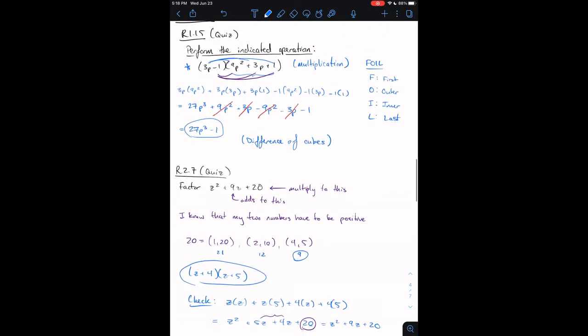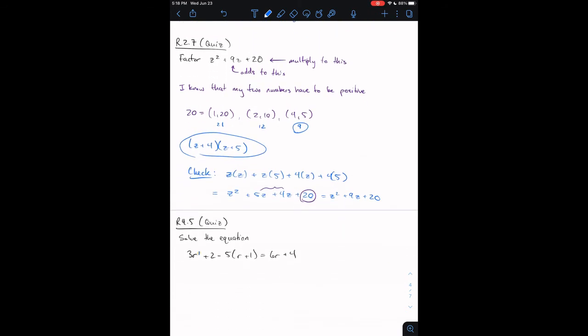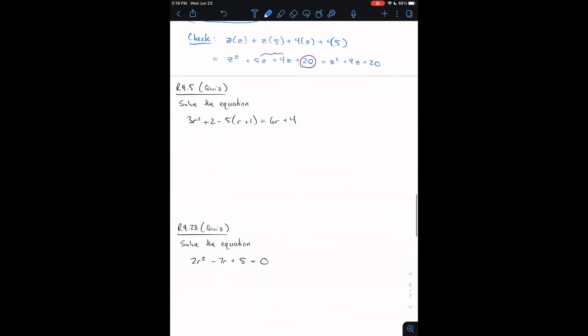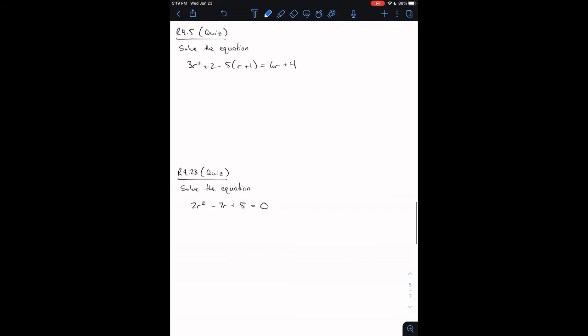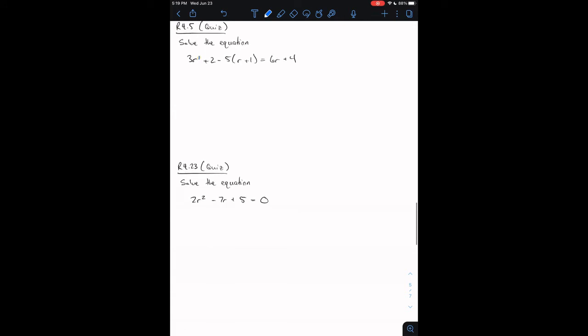We did use some stuff maybe in R 2.7 here, the distributive property of real numbers, which isn't really a huge one because that's one that most people remember. But here we have to use some properties. We're going to see regular multiplication, real number properties again, but it's important, we are going to see properties of equality. That's where if you have two numbers that are equal, you can add the same thing to both sides.